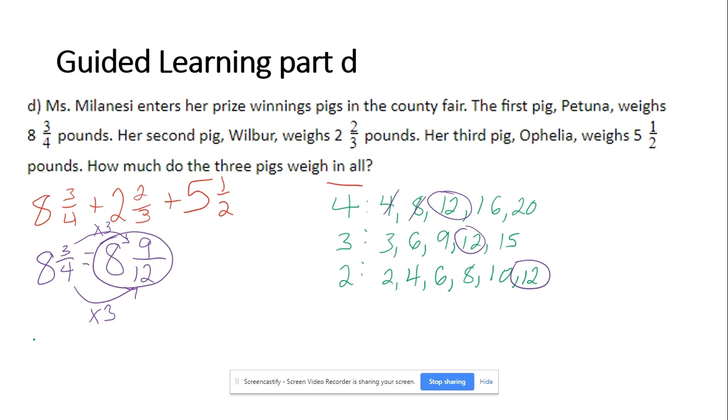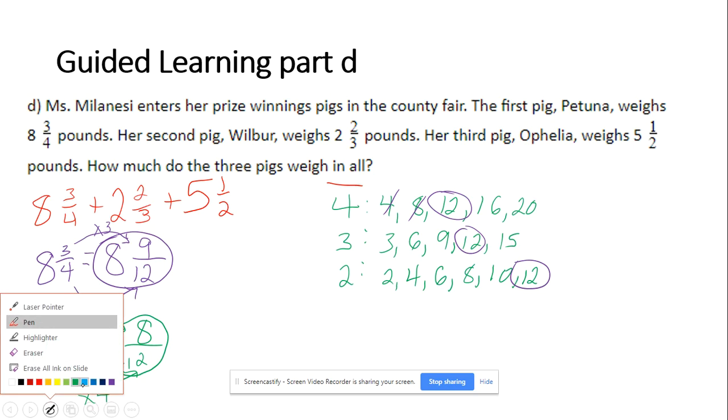Let's see, 2 and 2/3, we're going to rewrite as 2 and then 12. 3 times 4 equals 12. So let's multiply the top by 4. 2 times 4 is 8. So we know the second addend is going to be 2 and 8/12.